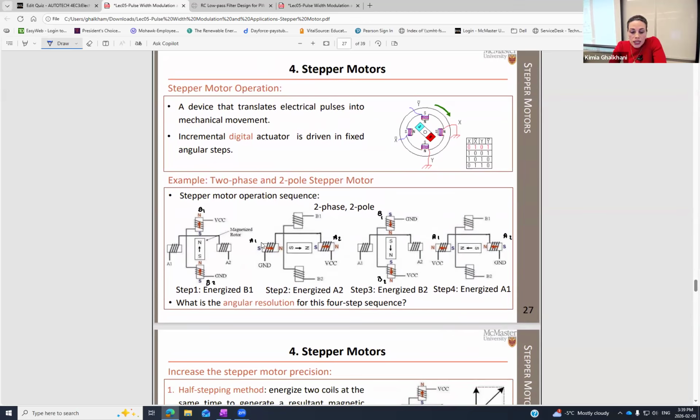A stepper motor is a digital input, digital output. Even the output, why is both of them? Because as I said, it's going to be a step. It's by default 0 and 1. Therefore, it's a digital input output.